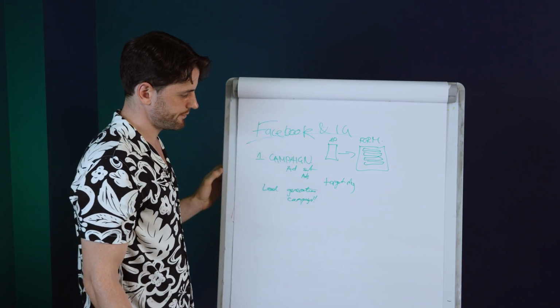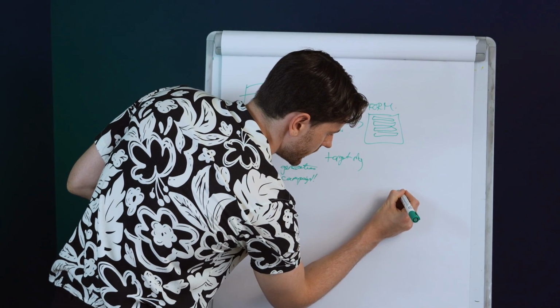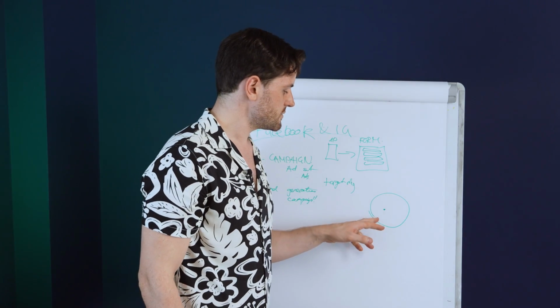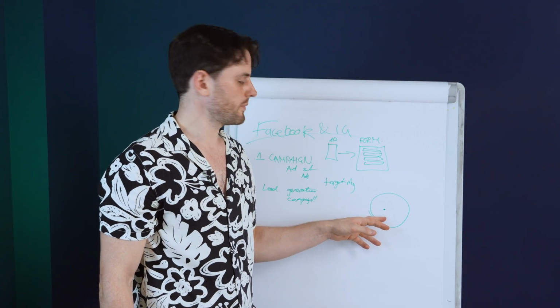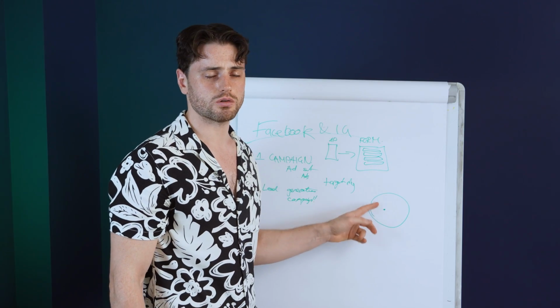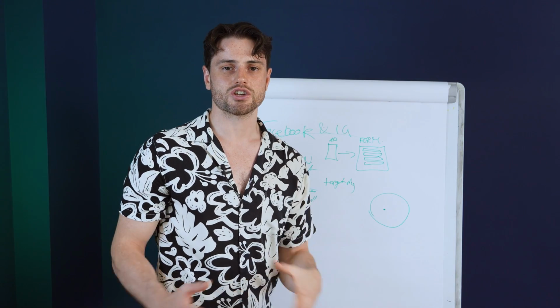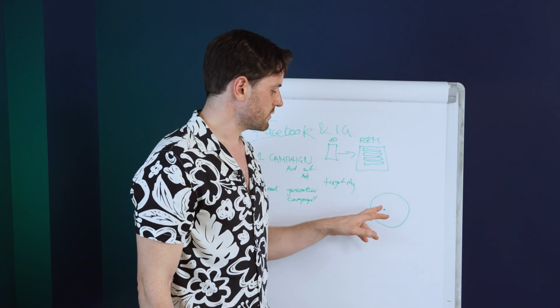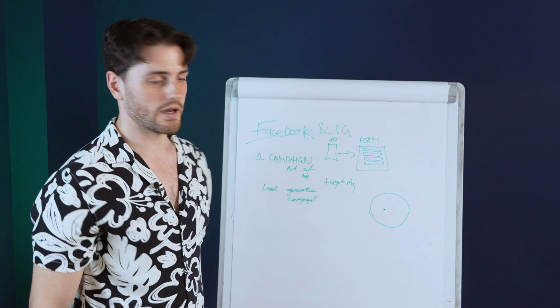Now, for targeting, Facebook works on a pinpoint plus radius. So what it does is Facebook knows basically where you live, and then it allows you to target people living in this location or living around this location. It's changed a couple times over the years, but if you keep it very general, Facebook knows roughly how many people are inside this radius.